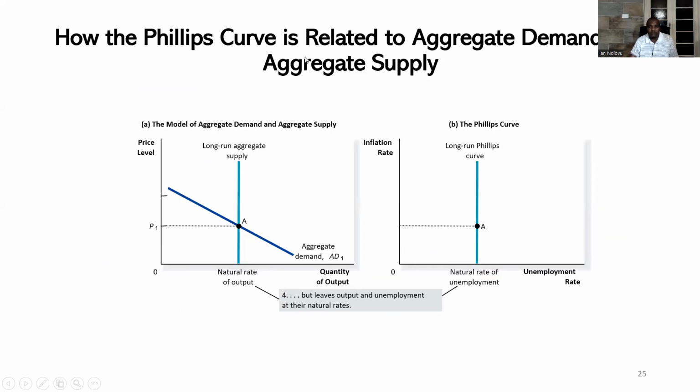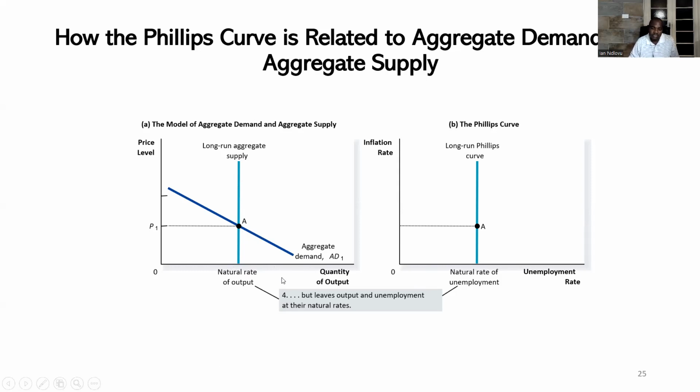How the long run Phillips curve is related to aggregate demand and aggregate supply. In the long run, we expect long run aggregate supply to be vertical, just like your long run Phillips curve. So what happens if there are changes in aggregate demand? Because we know that the long run aggregate supply curve will be coincident with the full employment level of national income or the natural rate of output in an economy.